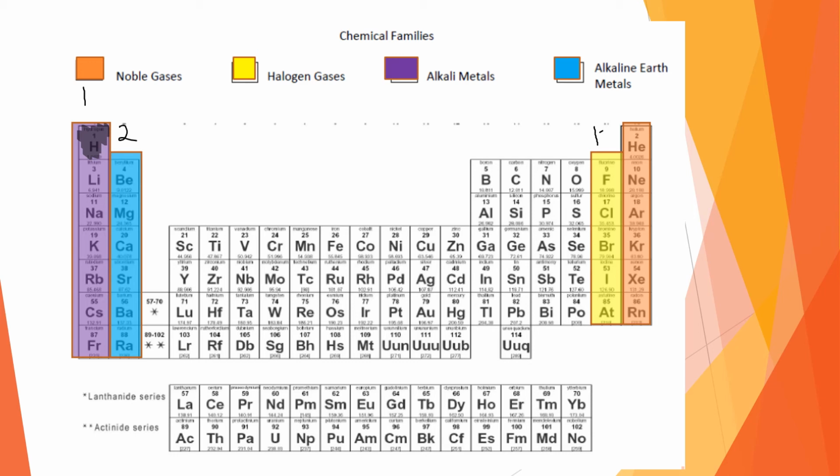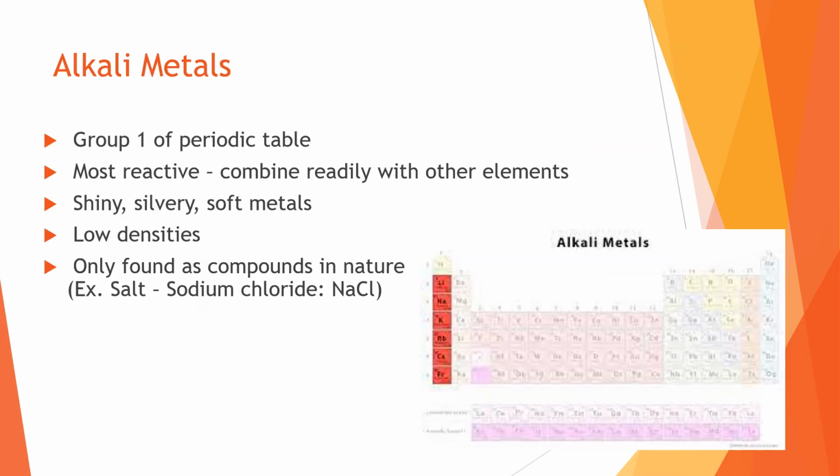Over in the yellow column, we have our halogens. And in the last 18th column, we have our noble gases. Okay, so, lithium, sodium, potassium, all in that first column and so on, they all possess the same or similar properties. So let's begin with the alkali metals.